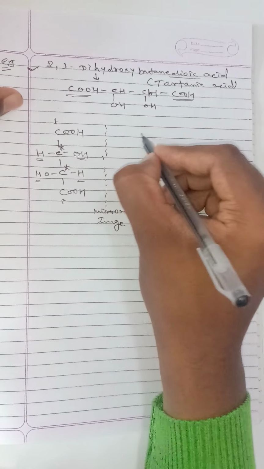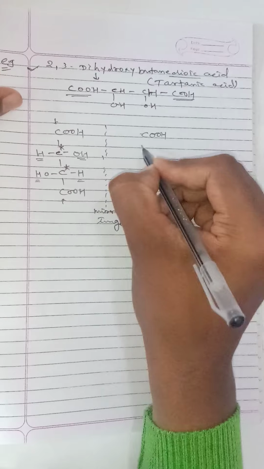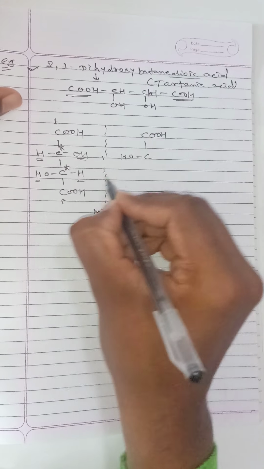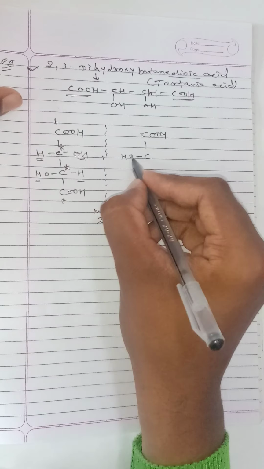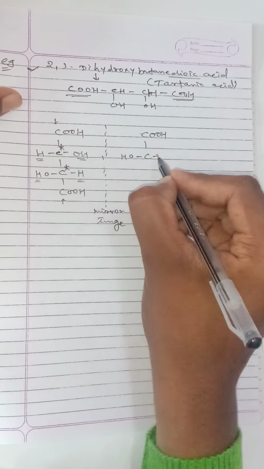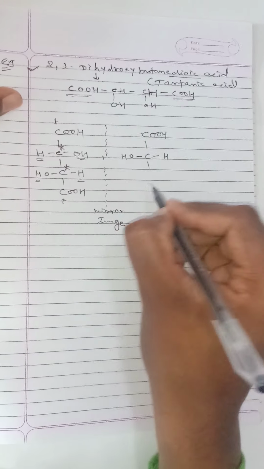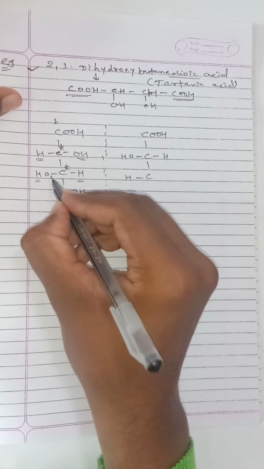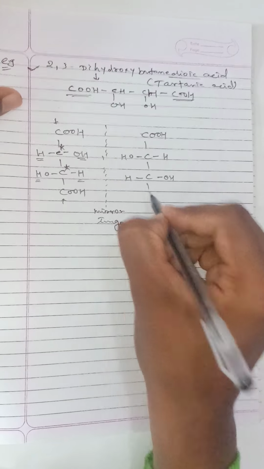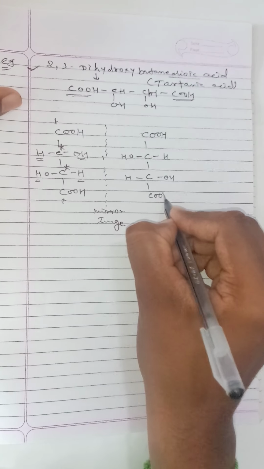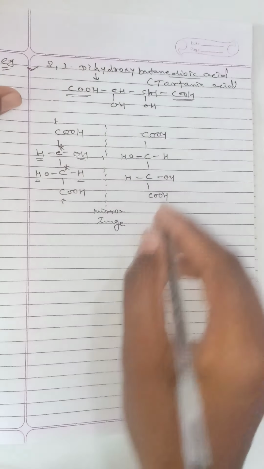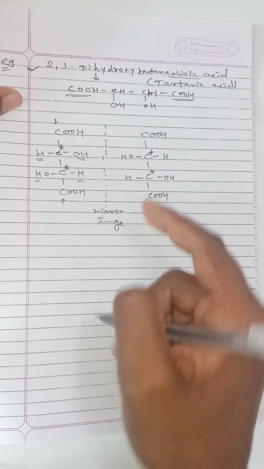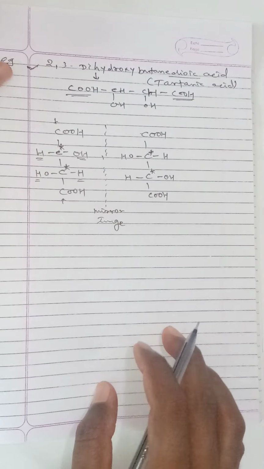So simple. Here COOH remains as it is, but the hydroxyl group is on the left hand side and hydrogen on the right hand side. Same condition here. So this is the mirror image of tartaric acid.